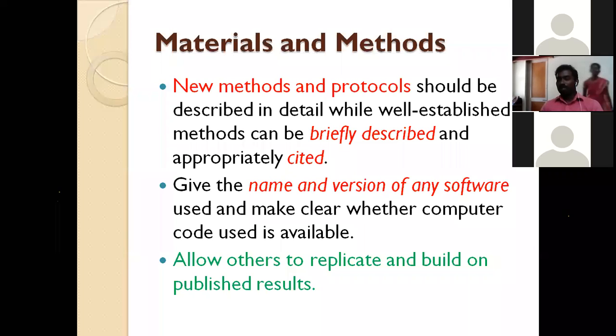So you should always try to adopt some new materials or new methods or some changes in the existing methods and materials. Also give the name and version of any software you are using, and allow others to replicate and pull down the publication results.